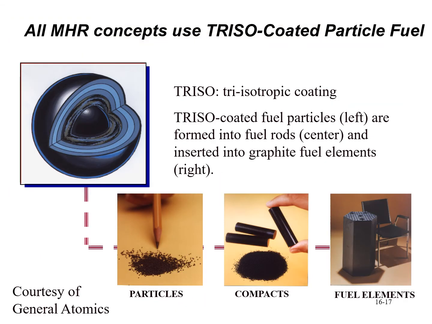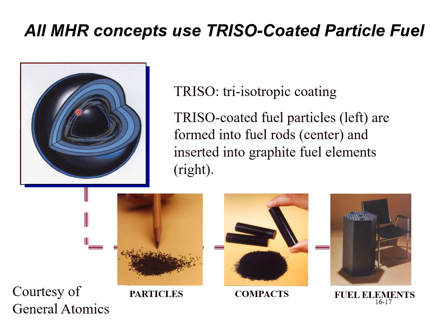One type of gas-cooled fast reactor is the TRISO-based fuel reactor. This TRISO reactor has a fuel core, as shown here, and this fuel is covered with a coating of graphite and silicon carbide.